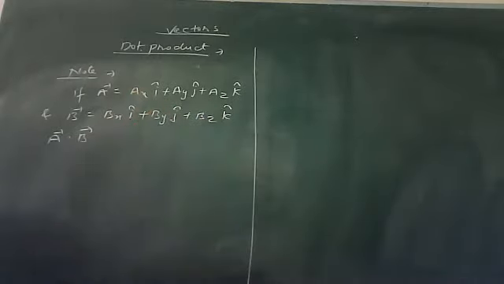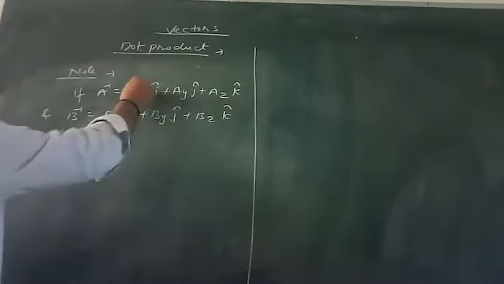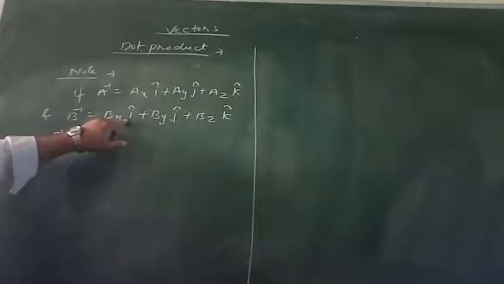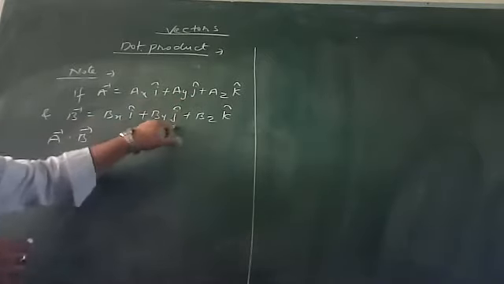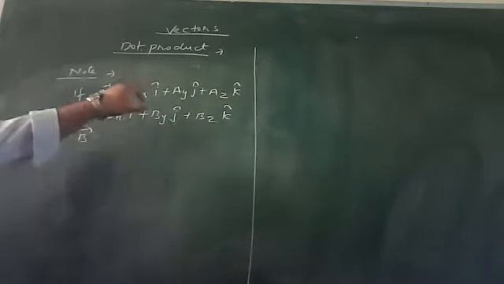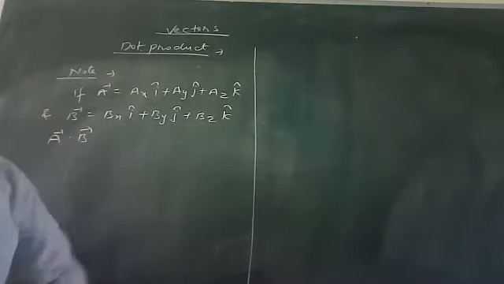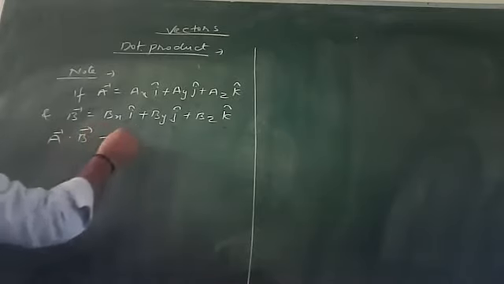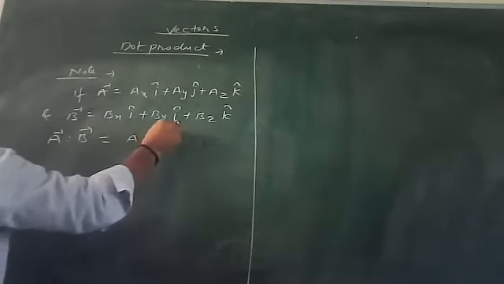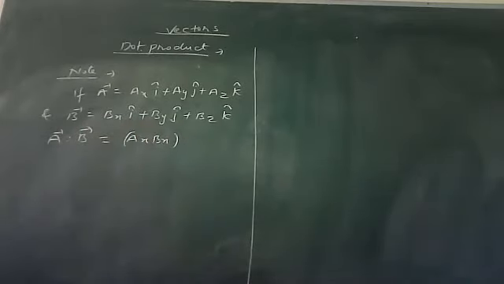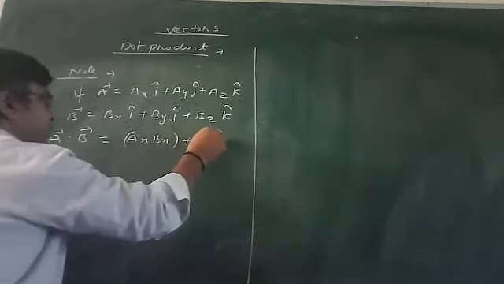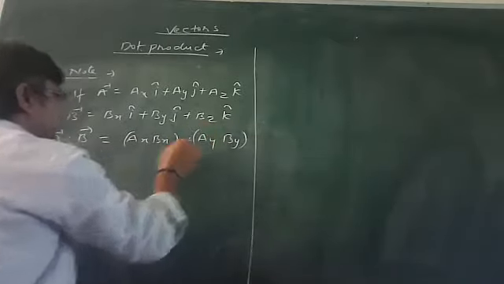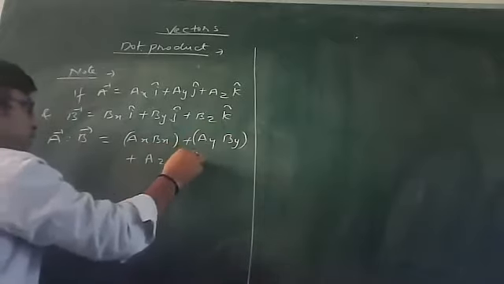But if I am multiplying I to j or I to k, I will get 0. So a dot b is what? Just do ax bx plus ay by plus az bz.